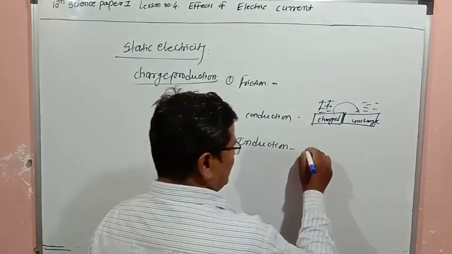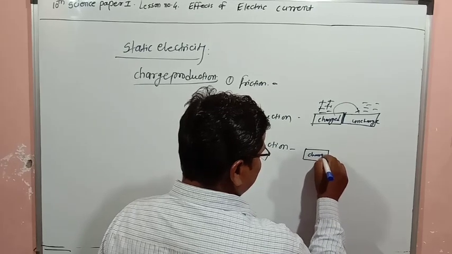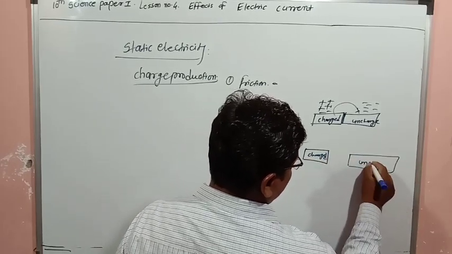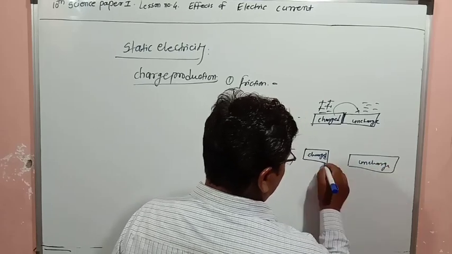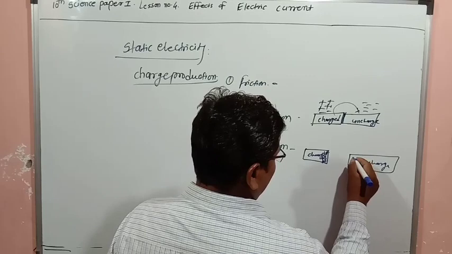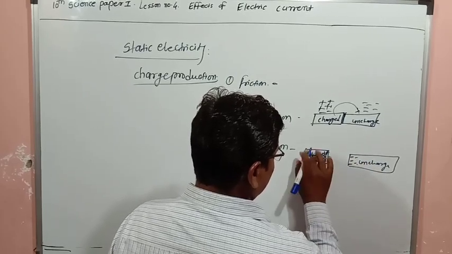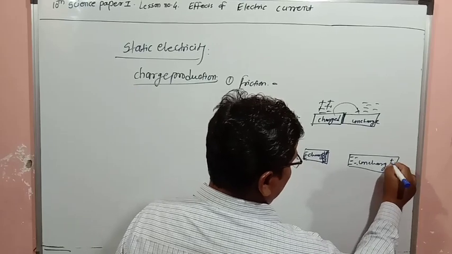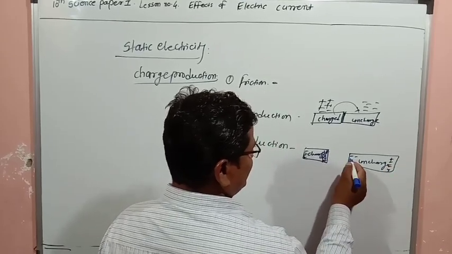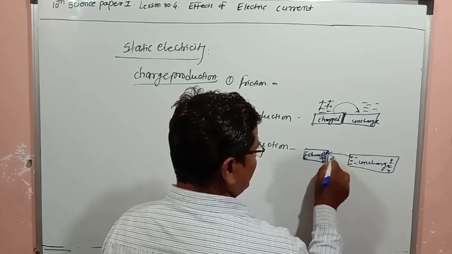And then induction. Suppose this object is charged and this object is uncharged, and suppose here positive charges are there and here negative charges are there. There is a force of attraction between positive and negative charges, and charge will get pulled here.